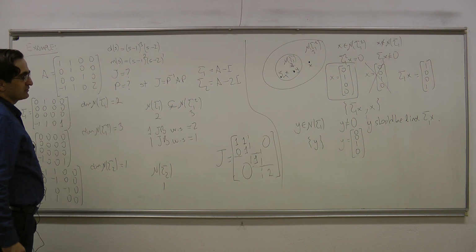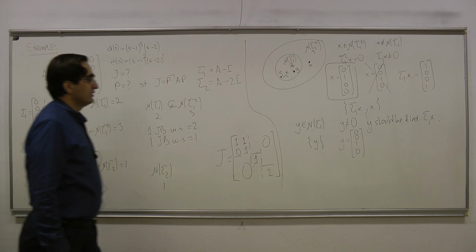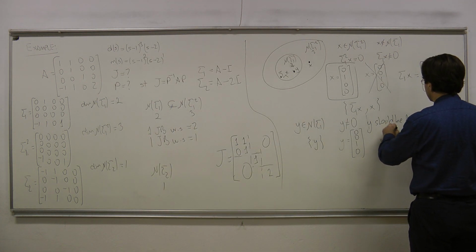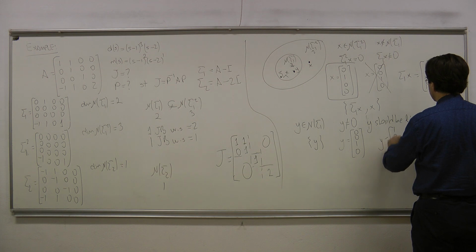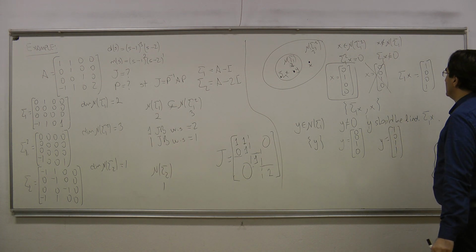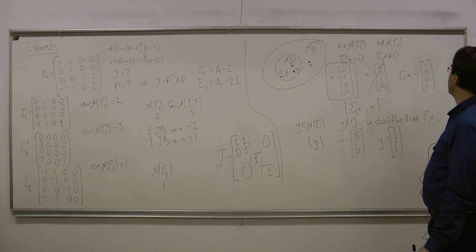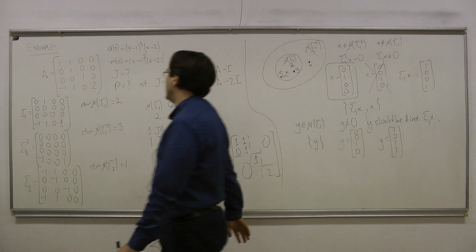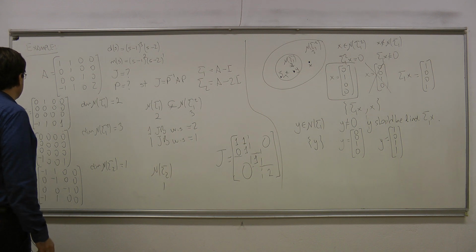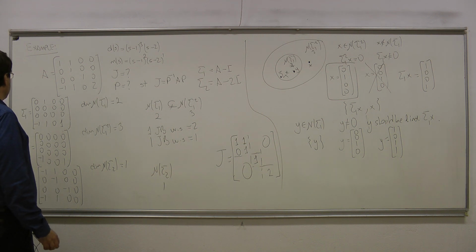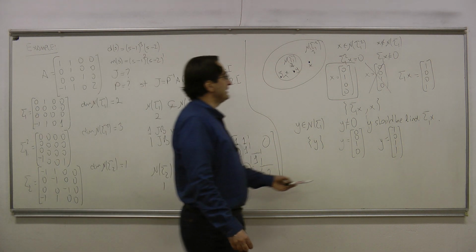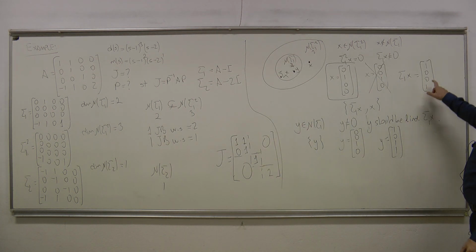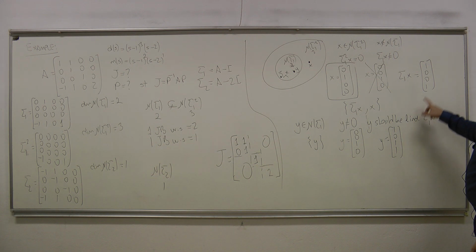Here, this selection is not really unique either. Instead of this y, I can select, for example, y equals 1, 0, 1, 1. This is also possible in this case, because this is also an eigenvector of this matrix, and it is linearly independent with this one.